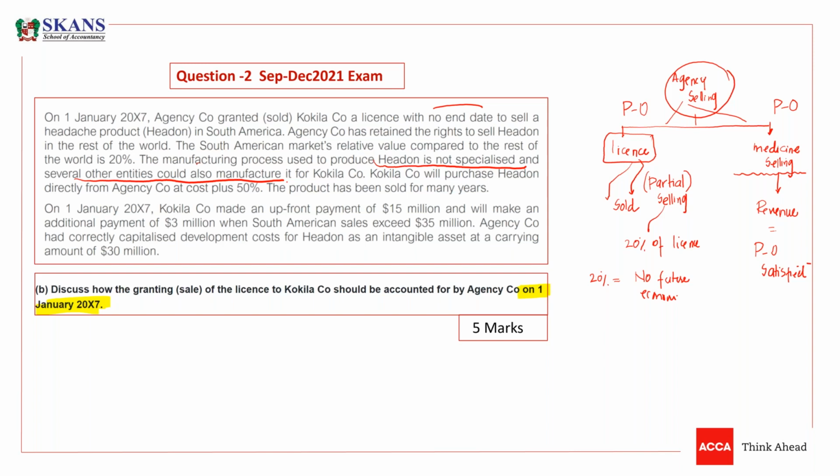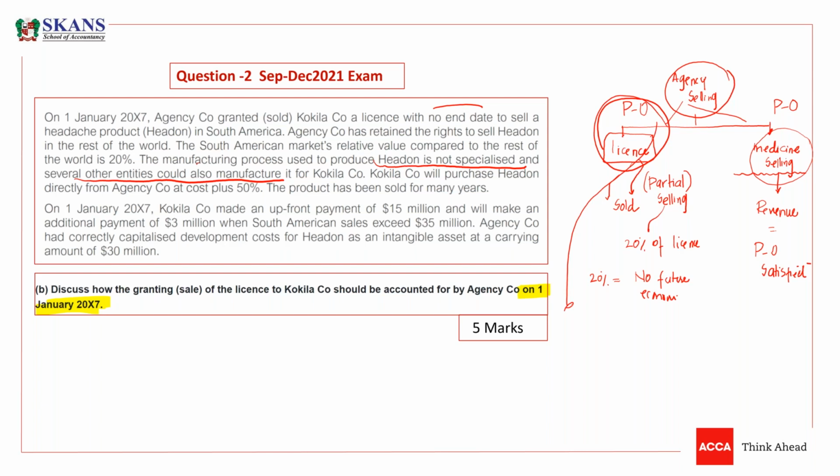They can be sold independently. They can buy medicine from anywhere. So there are two POs. One is revenue, which we will book when the PO is satisfied. But for the license, you need to de-recognize 20% of the license, and you cannot say that this is revenue. This will be a profit or loss on disposal, and it will be a part of other income.